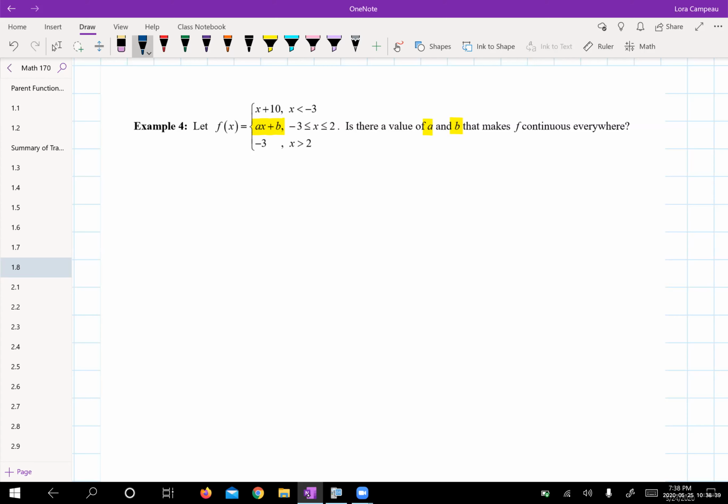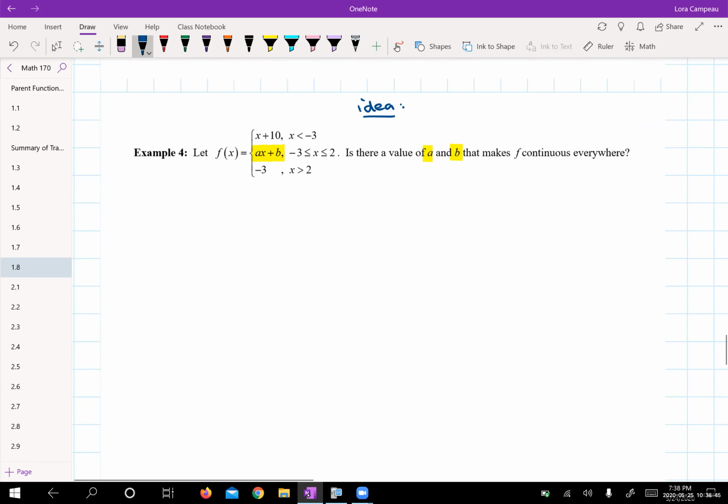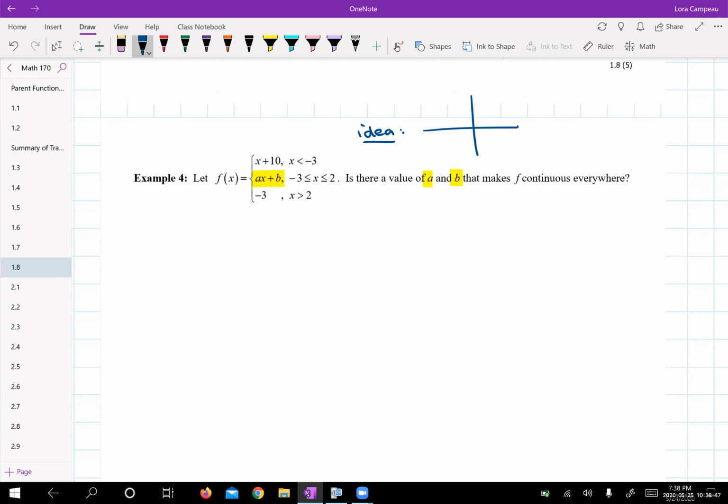So you could analyze this graphically for a bit. If I actually have the same function here, y equals x plus 10. What's happening at -3? We already played with the fact that it was some sort of hole. We have a linear function.